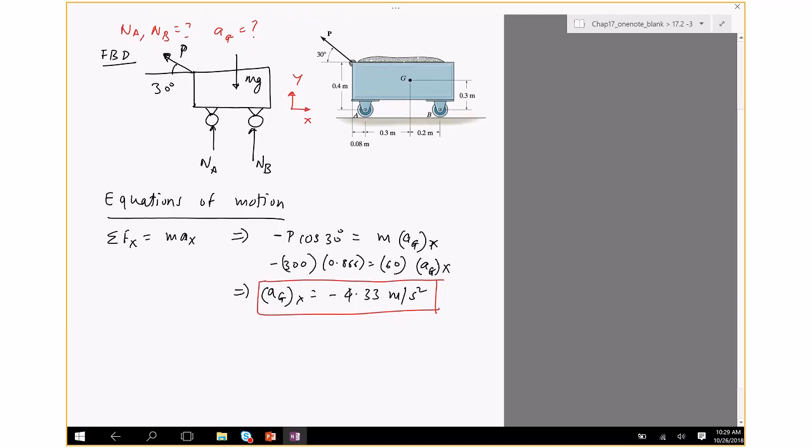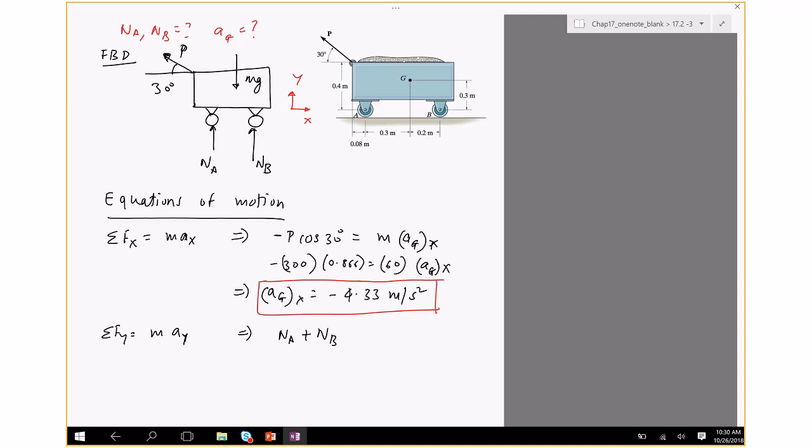The next equation is Fy equals m a_y. Okay, so now we have NA, which is upwards, so positive. NB, upwards, is positive. The force P is acting at an angle, so it's also going to contribute to the Fy equation.